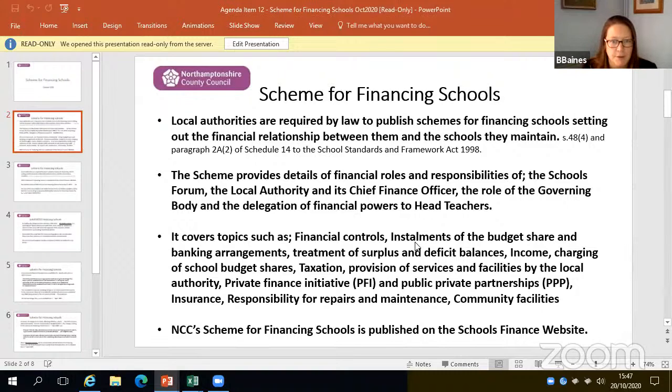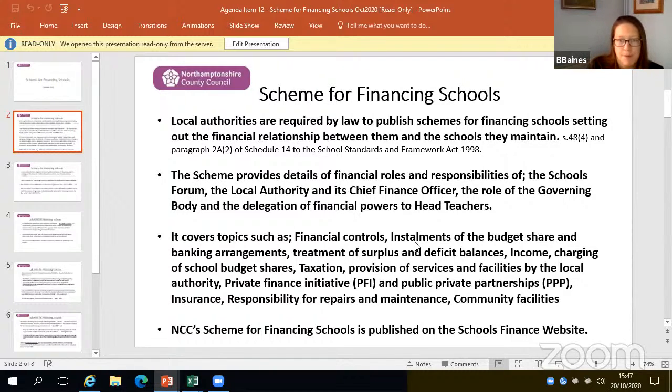It covers topics such as financial controls, instalments of the budget share and banking arrangements, treatment of surplus and deficit balances, income, charging of school budget shares, taxation, provision of services and facilities by the local authority, PFI, PPP, insurance, responsibility for repairs and maintenance and community facilities. NCC's scheme for financing schools is published on the Schools Finance website.